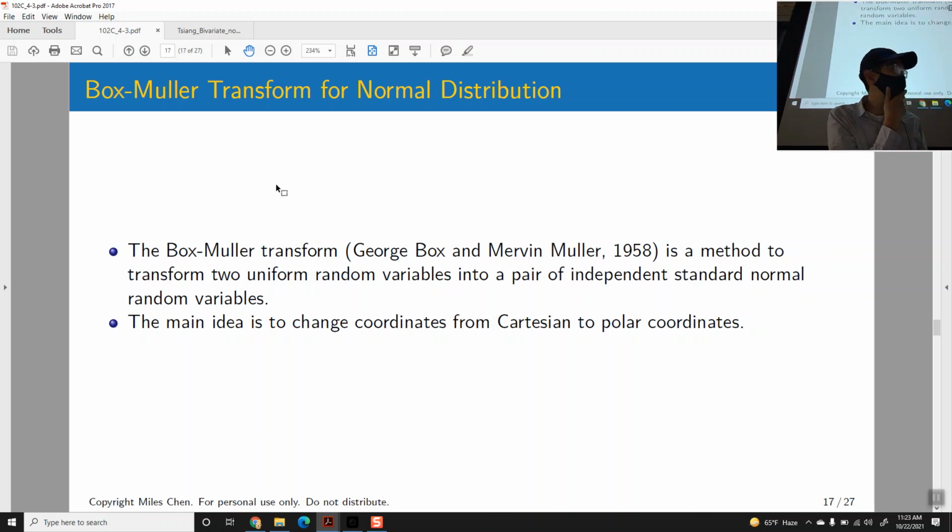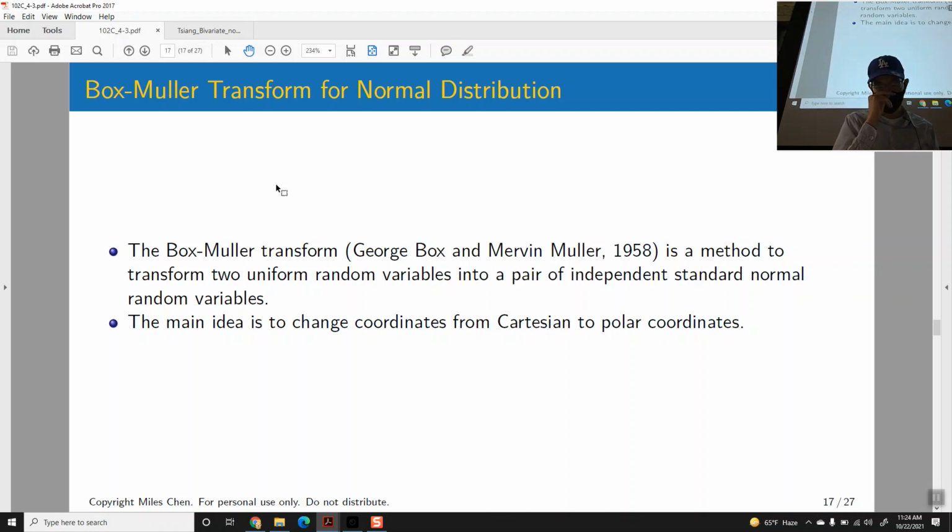We can use a little bit of creativity here to generate values from the normal distribution from a pair of two independent uniform values. So we're going to take two random uniform values and transform them using what's known as the Box-Muller transform into a pair of independent standard normal random variables.